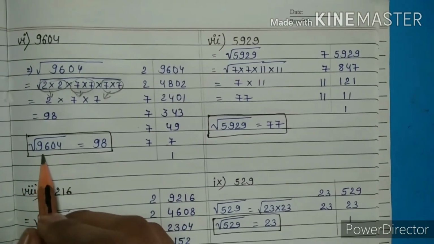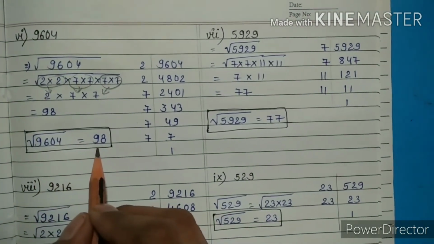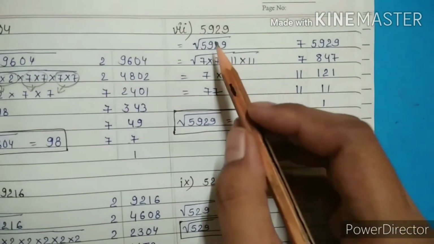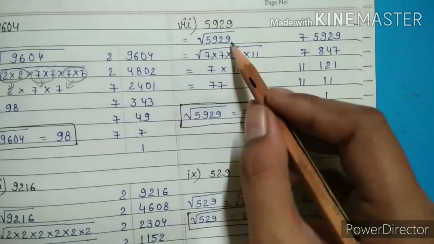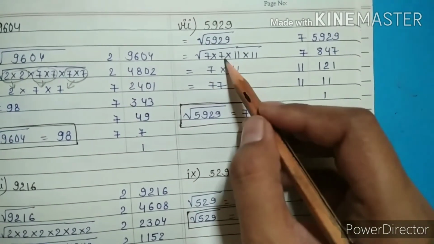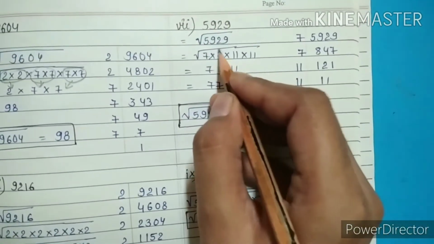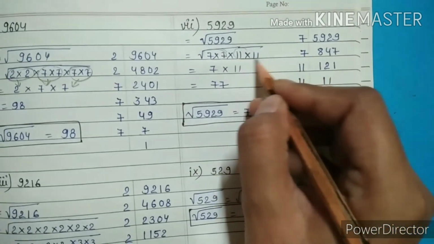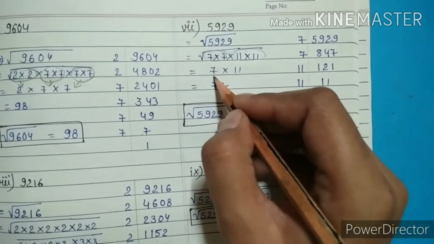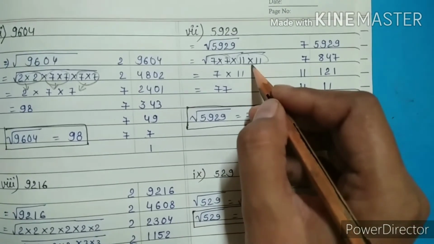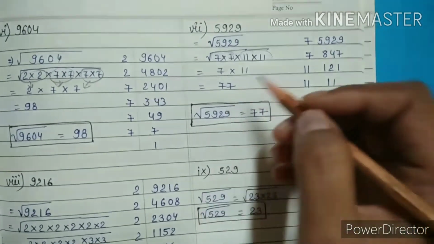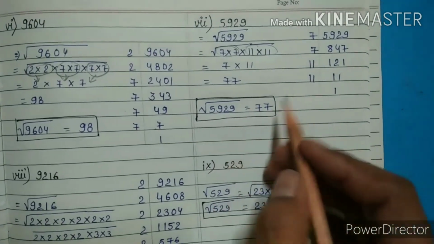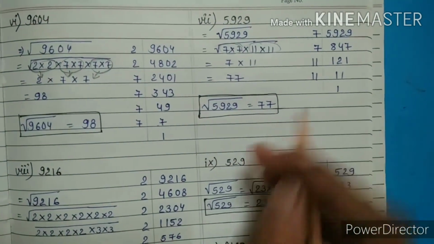It means the square root of 9604 is 98. Same as here, the square root of 5929 has prime factors 7, 7, 11, 11. Here we have pairs of 7 7 and 11 11. So this will give 1 time 7, and 11 11 will give 1 time 11. 11 into 7 is 77. So the square root of 5929 is 77.